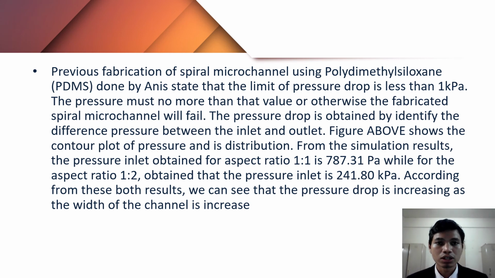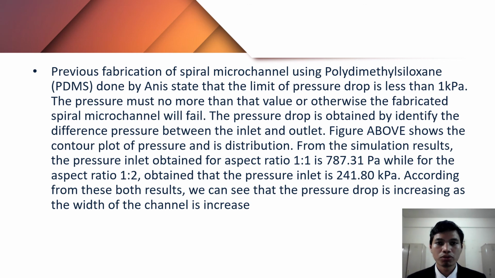The figure above shows the contour plot of pressure and its distribution. From the simulation result, the inlet pressure obtained for aspect ratio 1:1 is 787.31 Pascal, while for aspect ratio 1:2 the inlet pressure is 241.8 kPa.